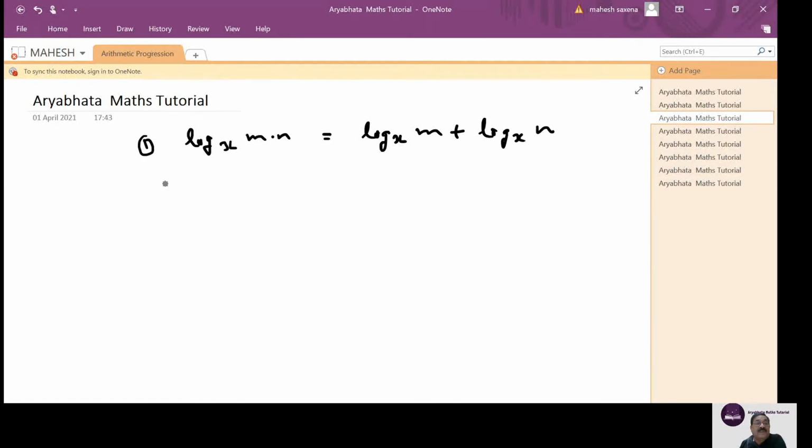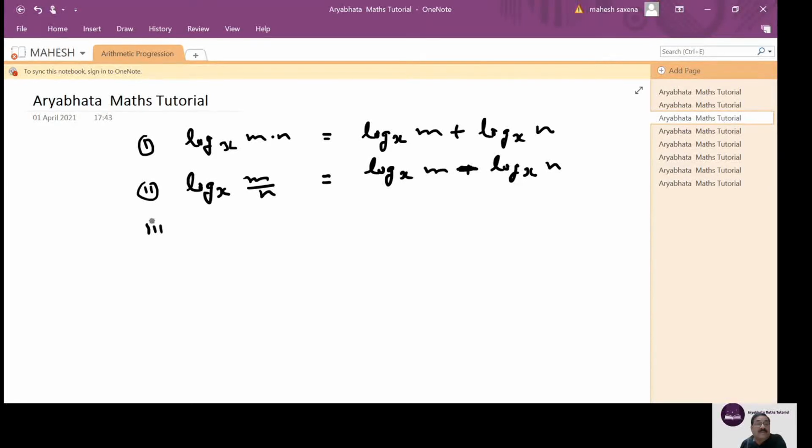Second property is log base x of m upon n is equal to log base x of m minus log base x of n.